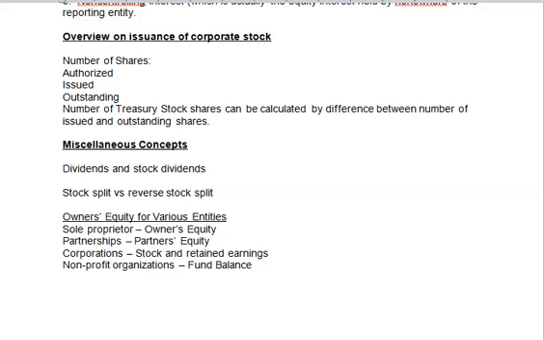Well, the corporations that split the stock hope that if the share price gets a little bit more affordable, more people will buy and it will help increase the price of the stock. One of the things you'll see occasionally is a reverse stock split. I don't recall your book mentioning this, but sometimes they'll do it in reverse.